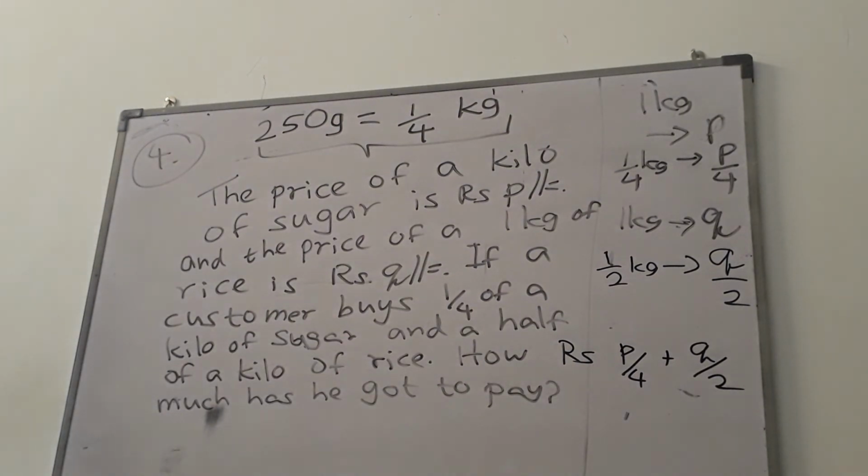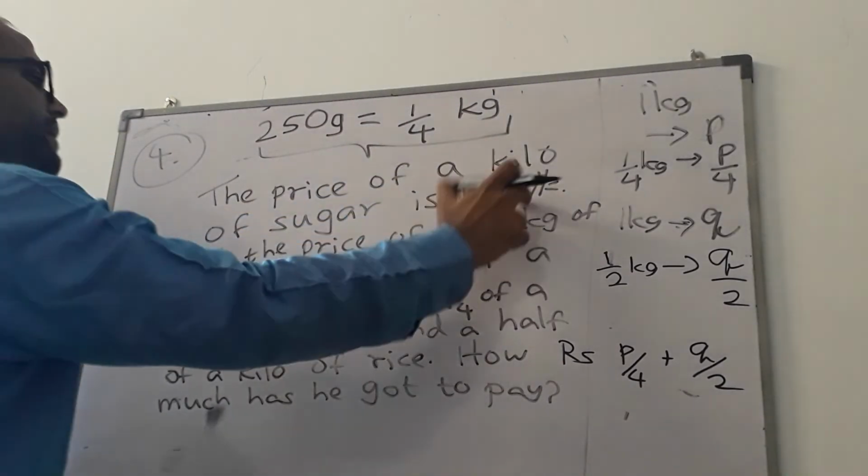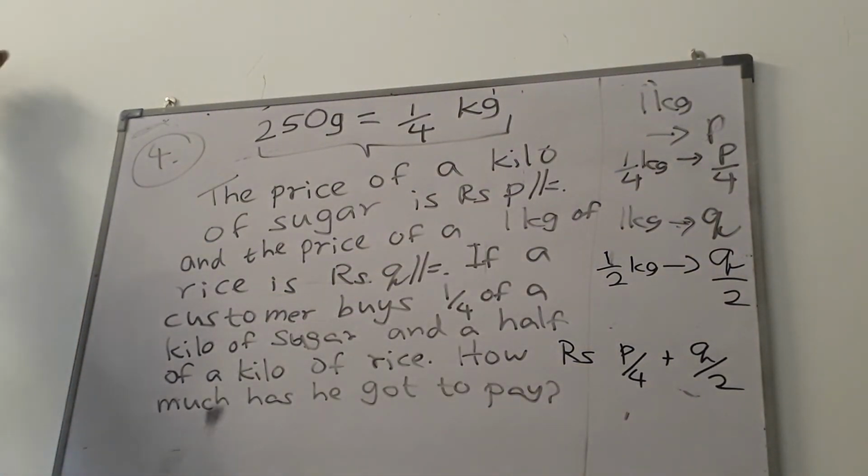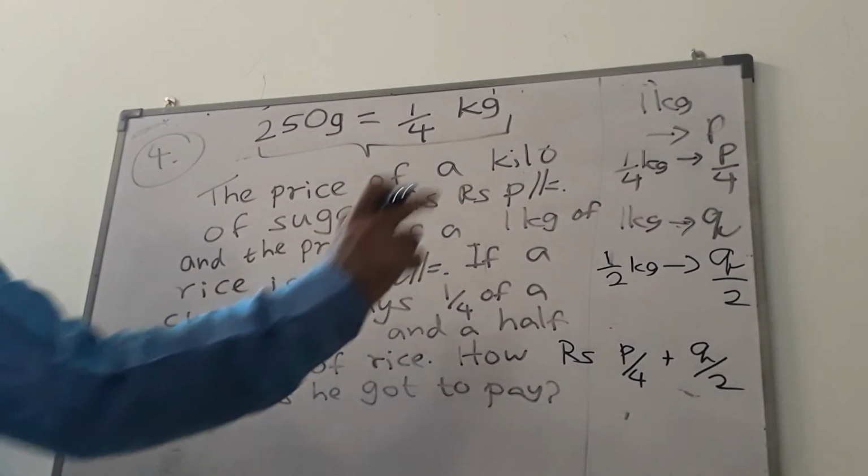The price of a kilo of sugar is P, so the price of 1/4 of a kilo means you divide P by 4. The price of a kilo of rice is Q, so the price of half a kilo means you divide Q by 2.